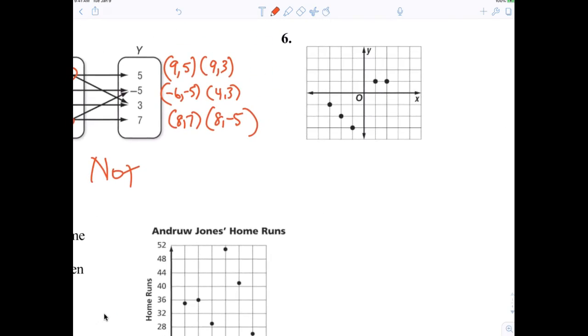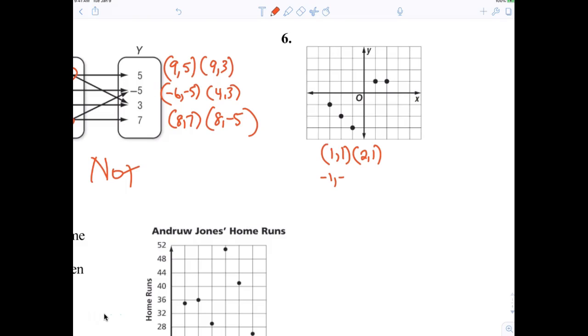For number 6. You got this? All right, tell me. 1, 1. Or wait, no, 2, 1. Negative 1, negative 4.